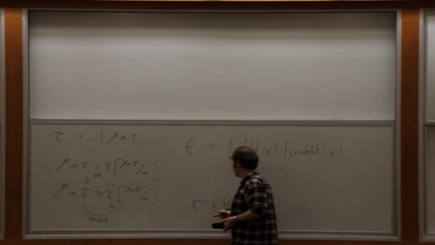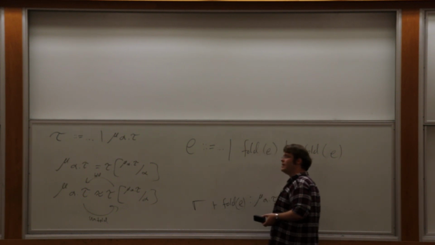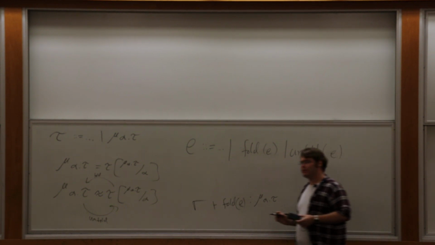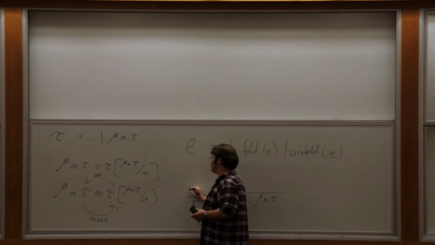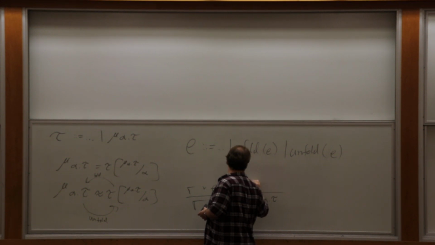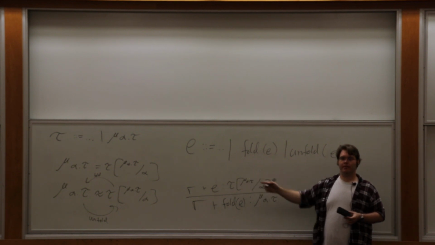So that means the type of a fold should be some sort of mu alpha dot t. Under what assumption? So what does E have to be for this to make sense? E has to be tau with mu alpha dot t for alpha, because I'm going from the right to the left in that isomorphism there.